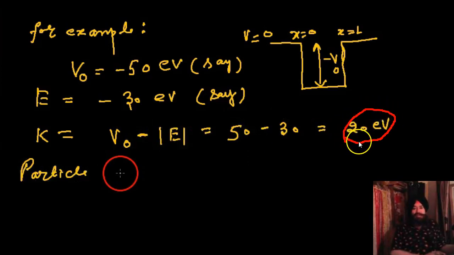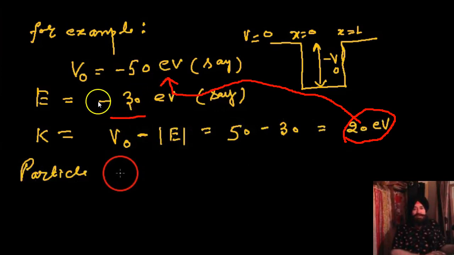This is the kinetic energy, which is always positive. If you add this energy to the potential energy minus 50, it becomes minus 30, which is the total energy. Total energy is kinetic plus potential, and total energy is also negative.